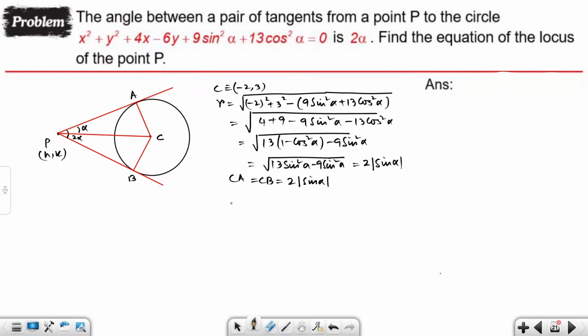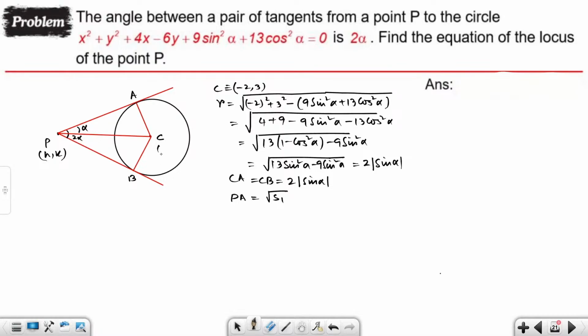Right? And what is your PA? PA is actually the length of the tangent. So the length of the tangent is basically the square root of the power of the point P with respect to the given circle. Right?